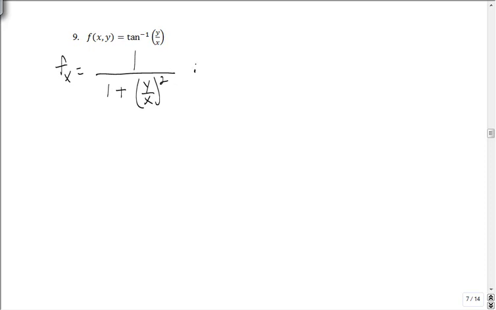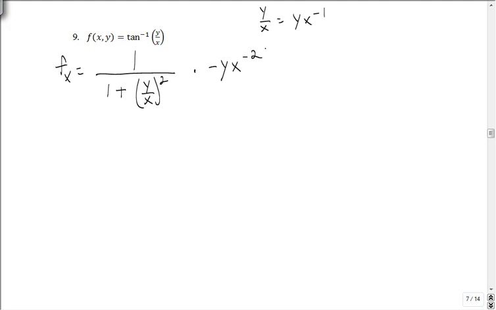Times, you need to now partially differentiate y over x with respect to x. Who can give that to me? Negative. Let me write that there. Y over x is y x to the minus 1. Agreed? Now partially differentiate. Negative y.